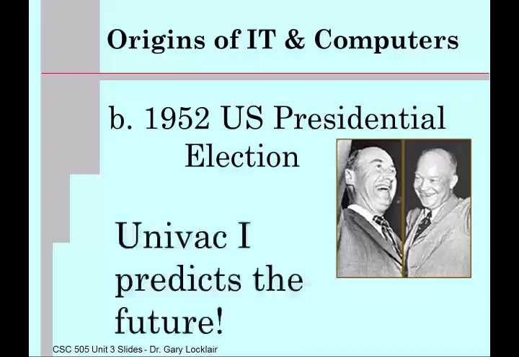A giant brain, the UNIVAC 1, predicted who would win the election. And it was right. It did it in such a way that even the folks who initially looked at the prediction said, it's wrong. Very interesting story.